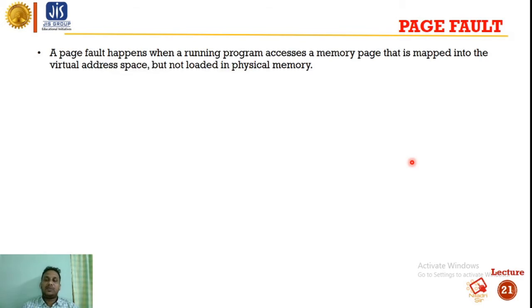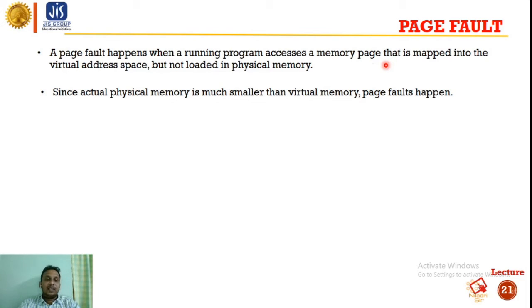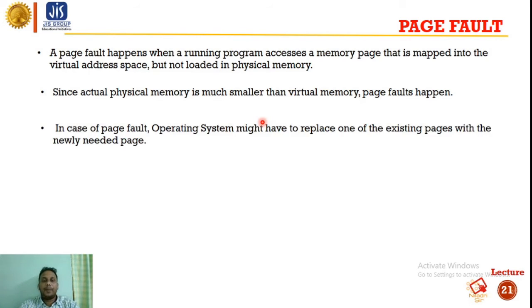Now, what is a page fault? A page fault happens, as I have told earlier, when a running program accesses a memory page that is mapped into the virtual address space but not in the physical memory. Since the actual physical memory is much smaller than the virtual memory, the chances of page faults happening are high.